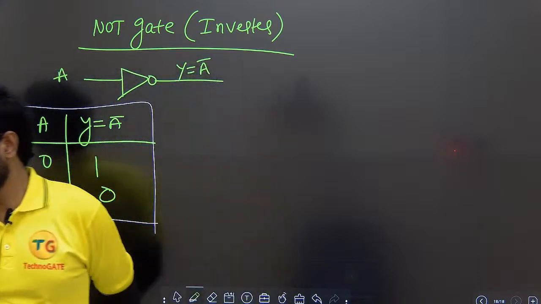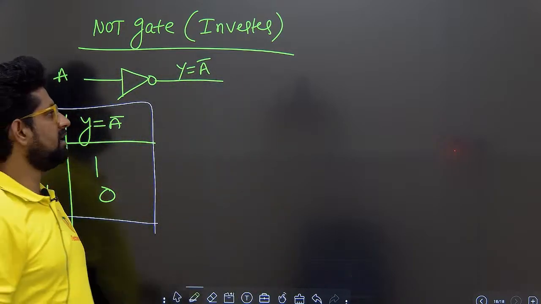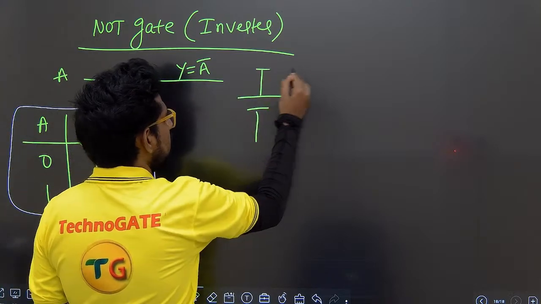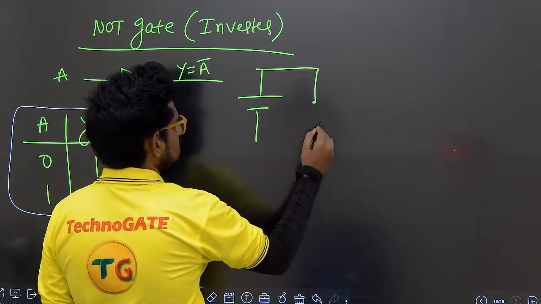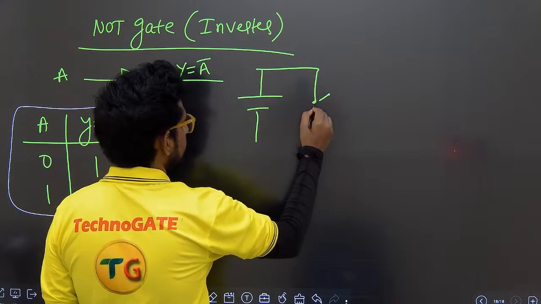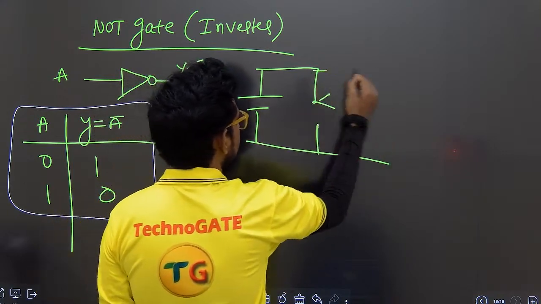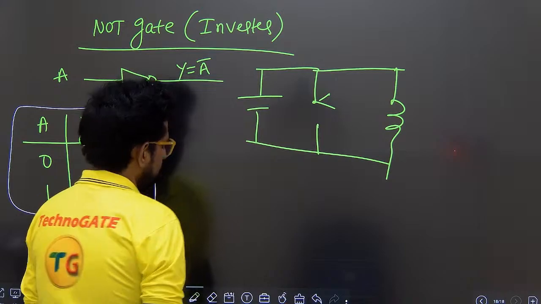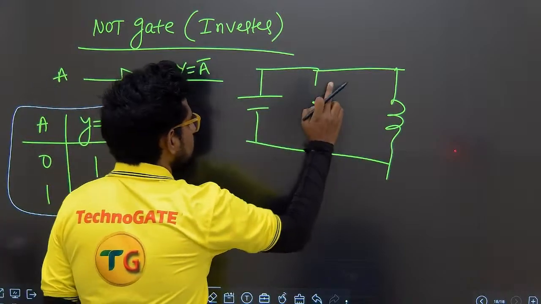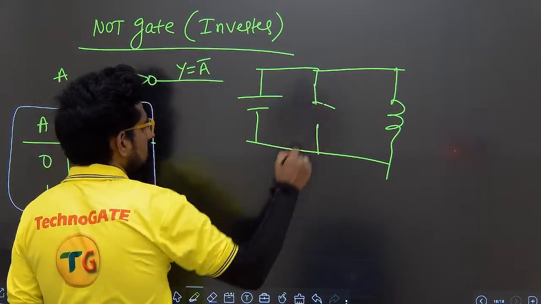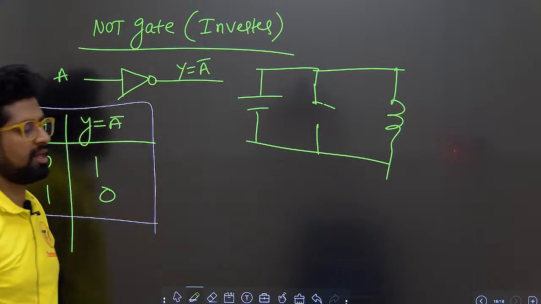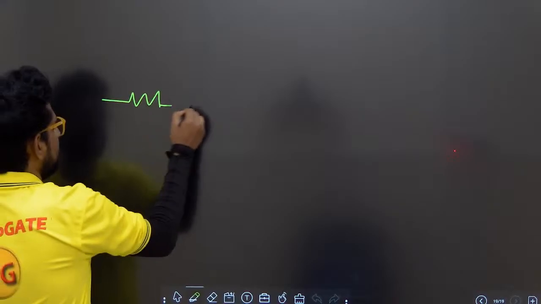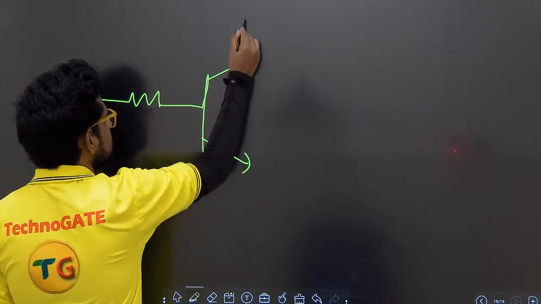So here, the switching model, let me represent. The switch is connected like this. Coming to the transistor model, there is no diode model. You might have studied an experiment that a transistor acts as a switch.